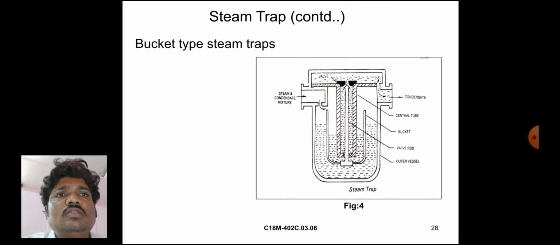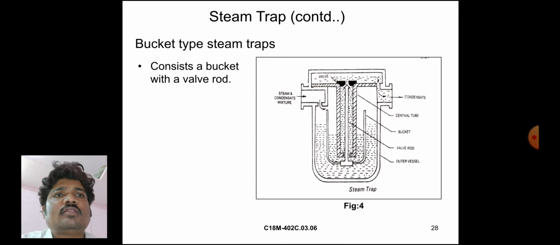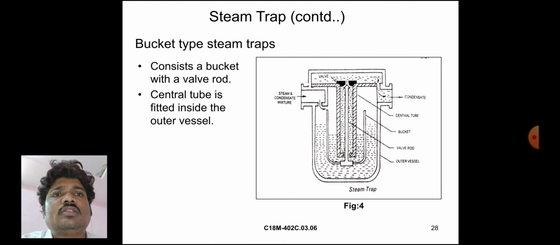Bucket type steam traps consist of a bucket with a valve rod. Central tube is fitted inside the outer vessel.